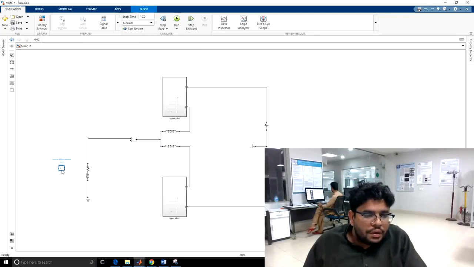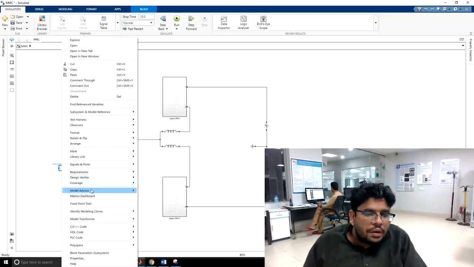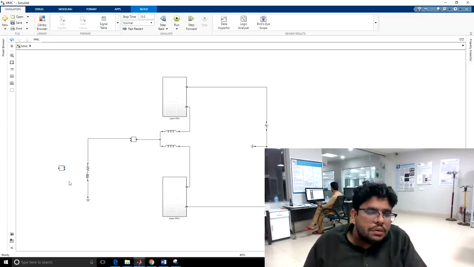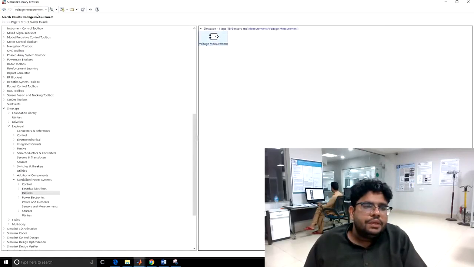Sorry. Flip up down. Alright, positive should be connected here. Negative should be connected here. Finally, I need scopes to see the output.